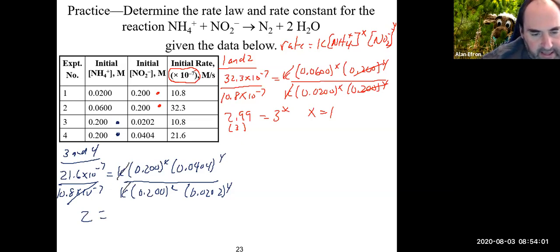Again, the K's will cancel. These guys will cancel because they're the same. Dividing over here gives me 2 to the Y. And again, in this case, Y is going to equal 1.